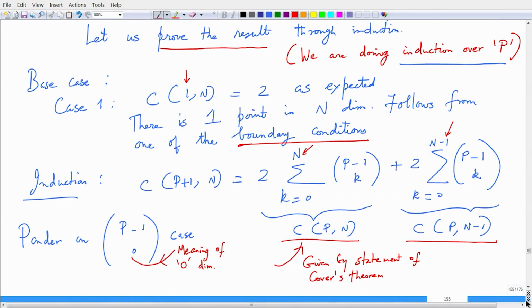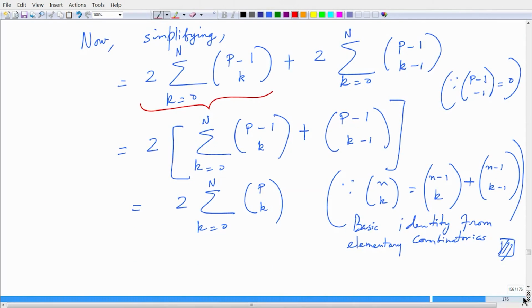Now let us proceed with the simplification. So we have this combinatorial sum: 2 times the summation from k equals 0 to n of (p minus 1 choose k) plus 2 times the summation from k equals 0 to n of (p minus 1 choose k minus 1).